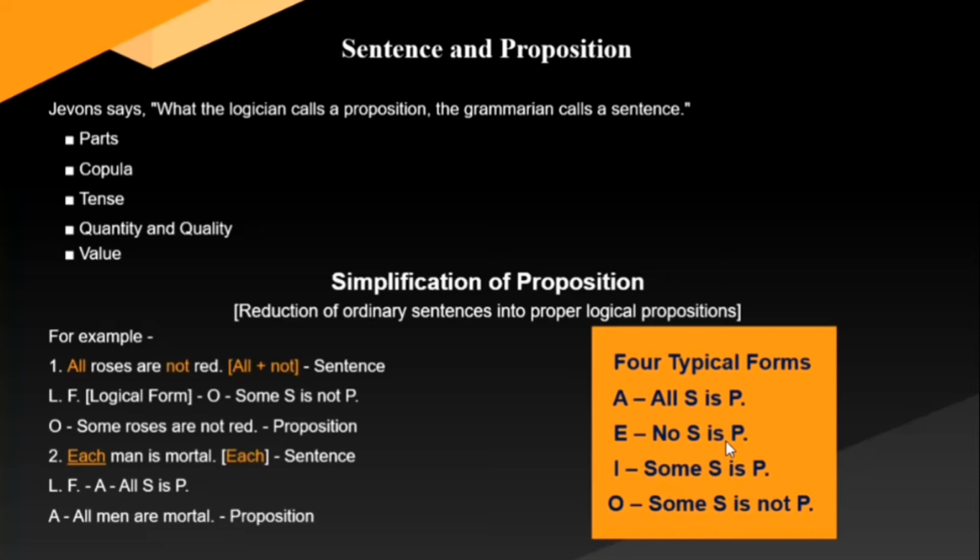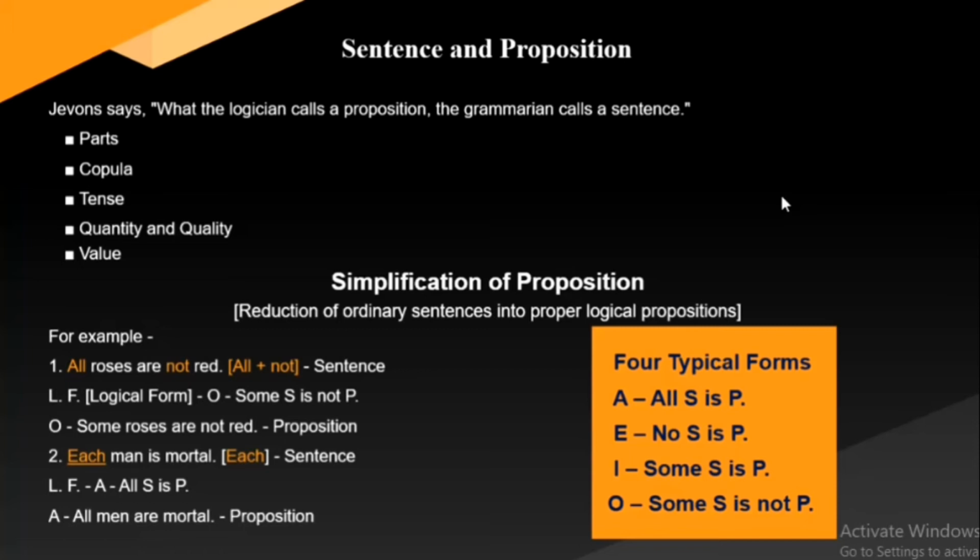Capital letter I is the symbol of a particular affirmative proposition. Some S is P is the strict logical form of a particular affirmative proposition. Capital letter O is the symbol of a particular negative proposition. Some S is not P is the logical form of a particular negative proposition.